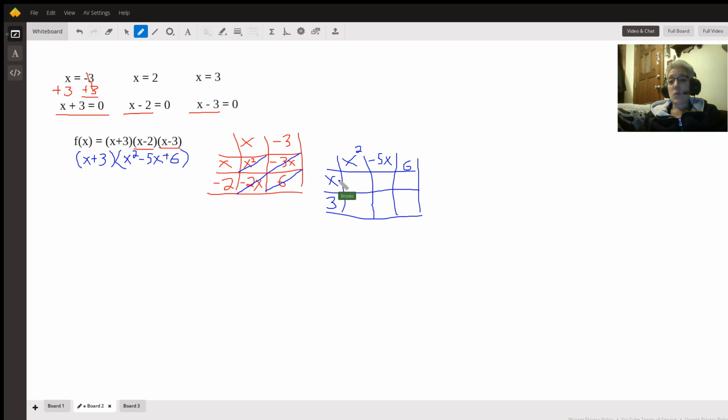All right, so now we'll multiply these. x times x squared is x cubed, or x to the third. Negative 5x times x is negative 5x squared. 6 times x is 6x. x squared times 3 is 3x squared.